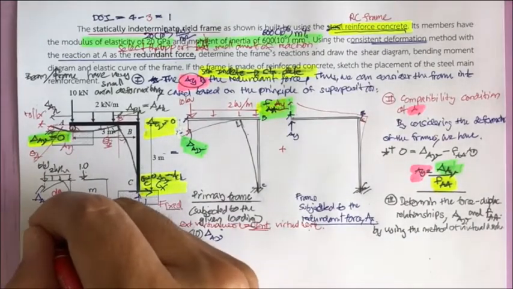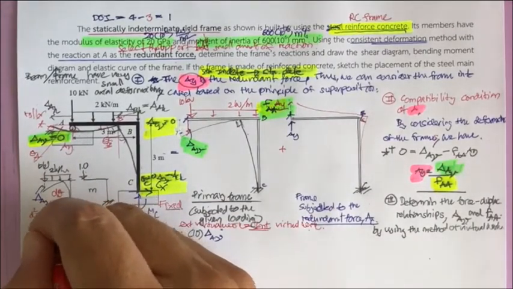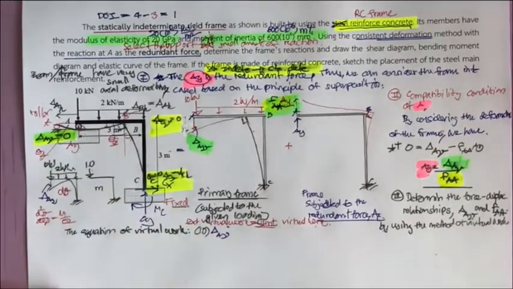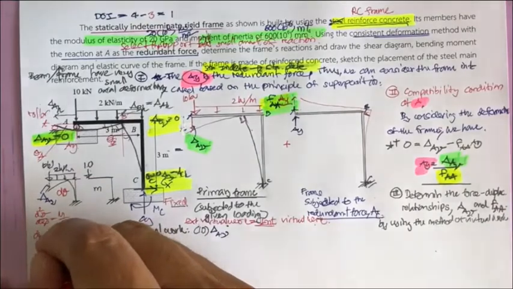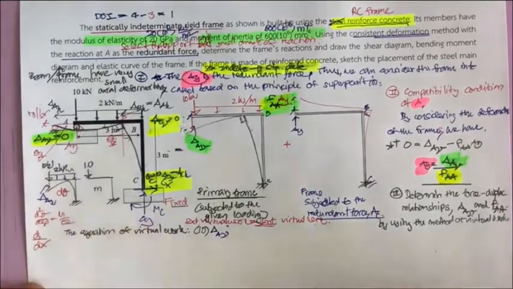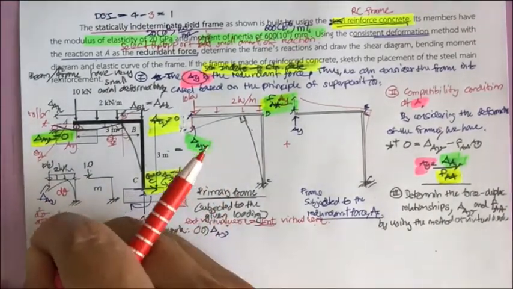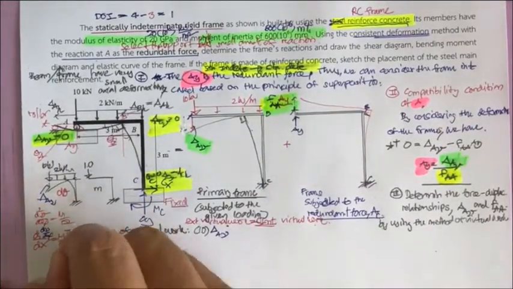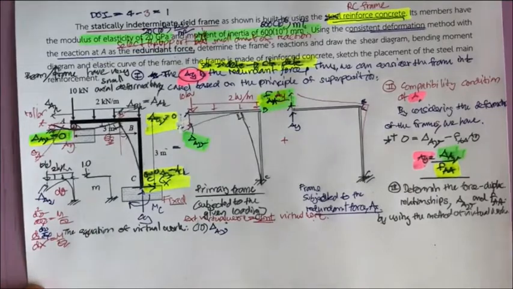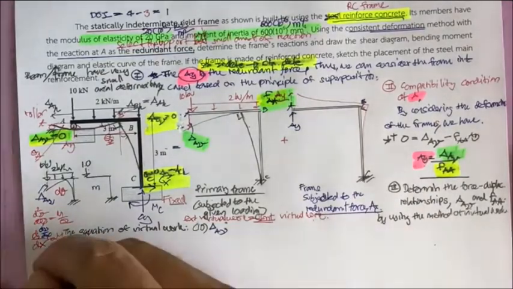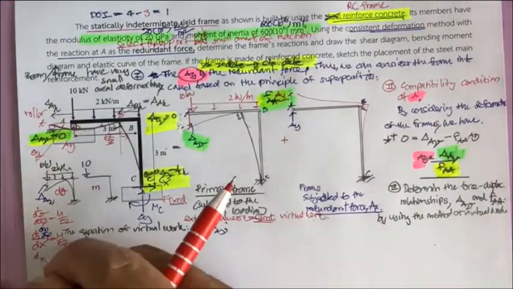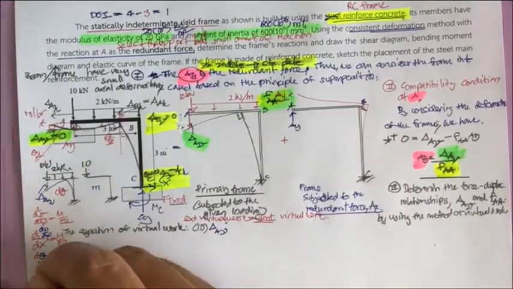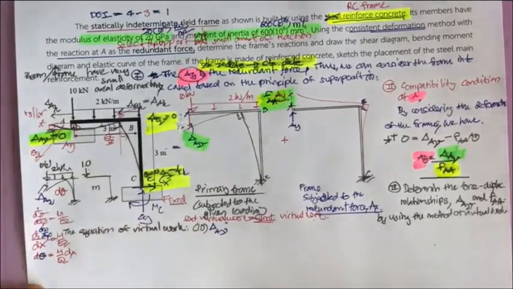Everybody knows that d square v by dx square equals M over EI, so d by dx of dv by dx is also M over EI, and d theta is going to be M over EI times dx.